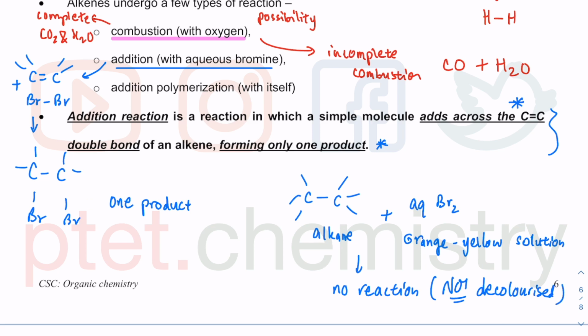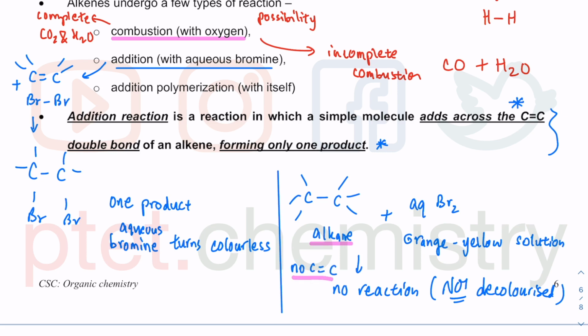When it forms this product, bromine water will get decolorized, or we say aqueous bromine turns colorless. Turning colorless means the color becomes decolorized, whereas in the case of alkanes, you get no addition because there is no carbon-carbon double bond. So therefore, no addition reaction, therefore not decolorized, it remains orange-yellow.